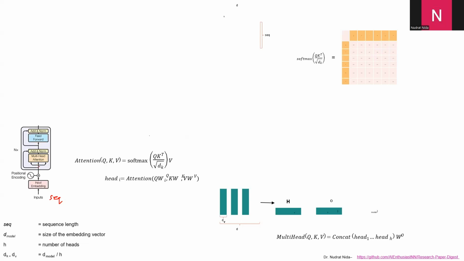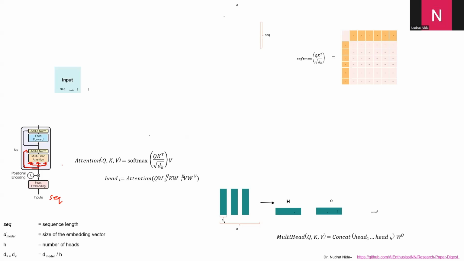It is the same matrix serving as query, key, and value. So it is replicated into three matrices, that is query, key, and value, and then this input is also fed into the add norm layer as well. So we will see one by one.